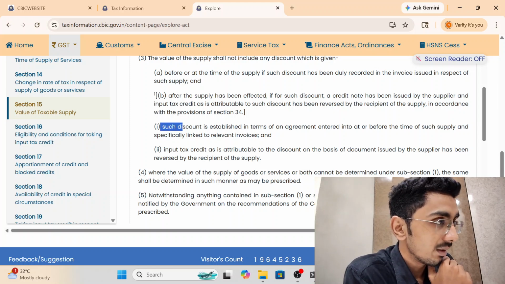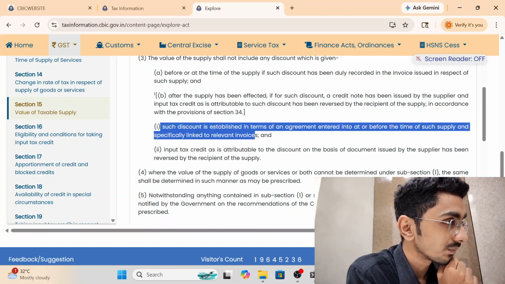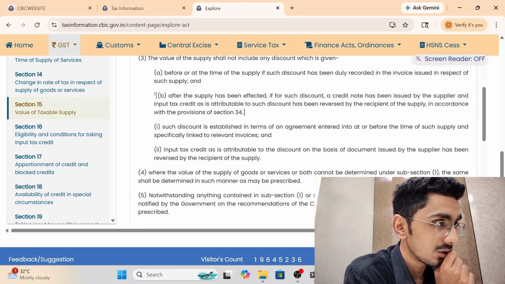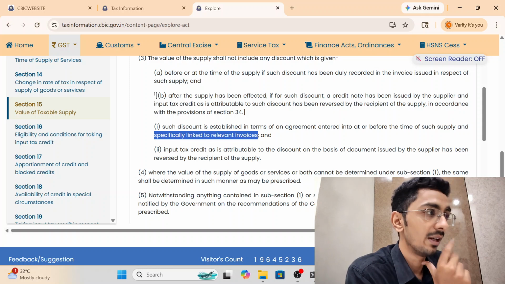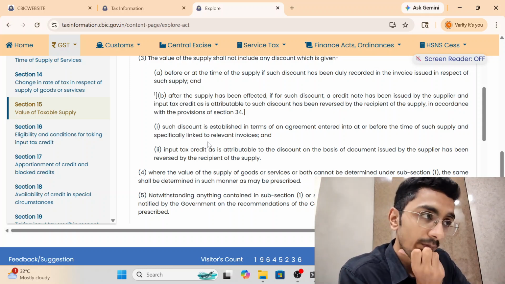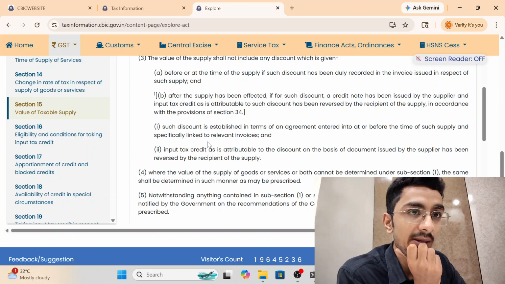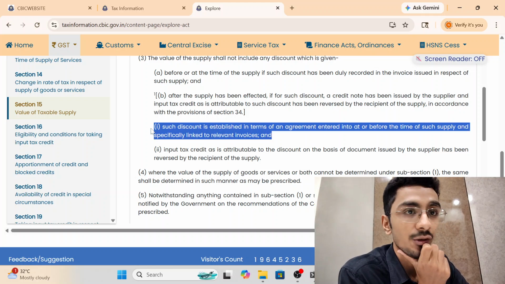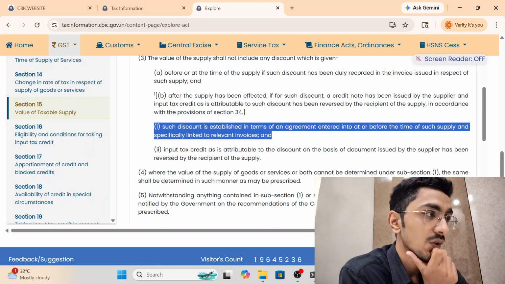Now, if you come here, you will find that there should be an agreement plus a specific linkage of related invoices. Now, this is with respect to Section 15 subsection 3 clause B. This provision has been eliminated as of now, but many are confused.